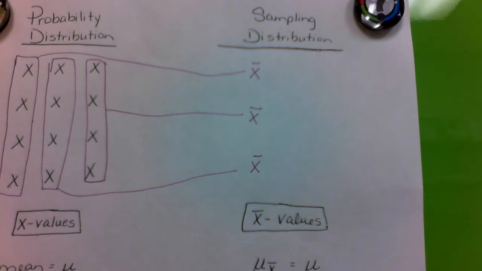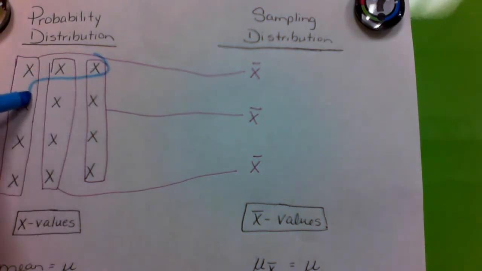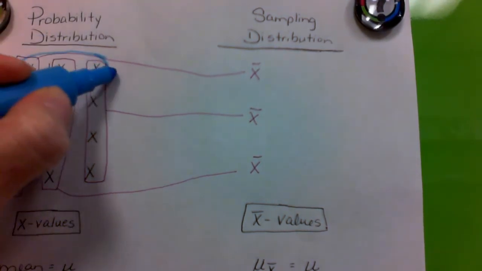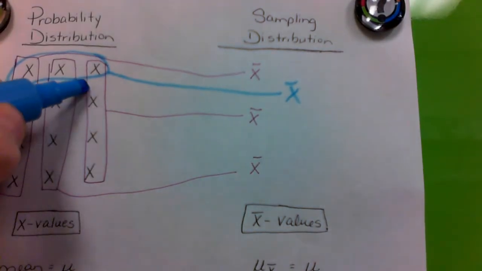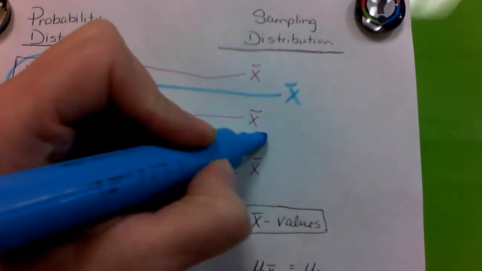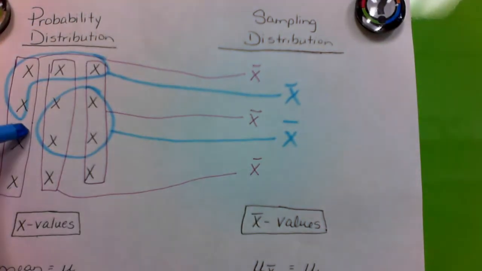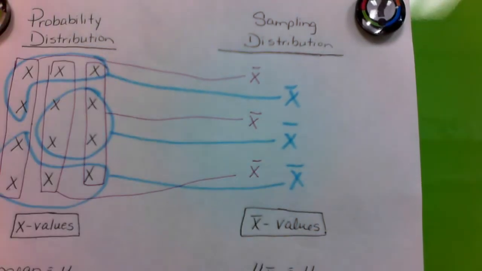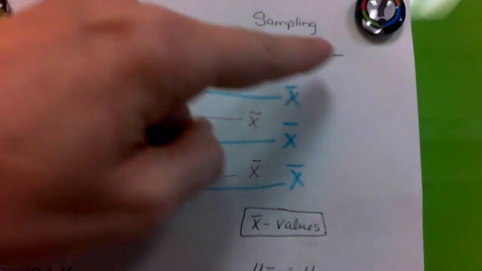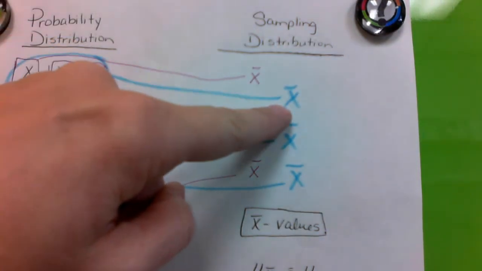So then if we distributed the 4 values differently, say this time we grouped these 4 together and calculated another x bar, and then we grouped, say, these 4 together and created another x bar, and then these 4 together and created another x bar, and say we just kept doing this until we exhausted all the different groupings of 4, but now we have a group of values that are x bar values.